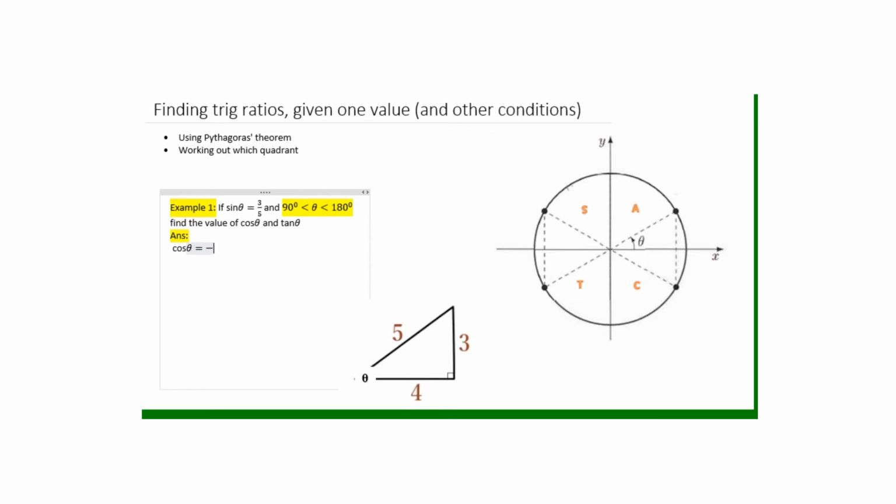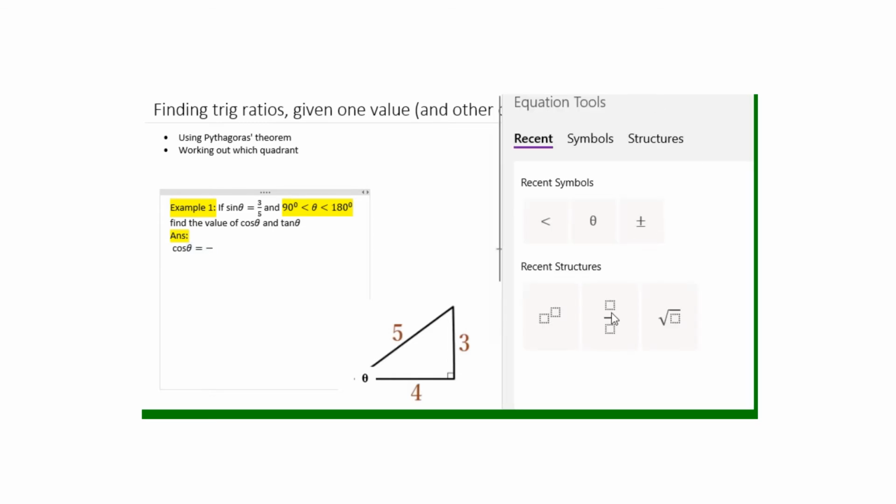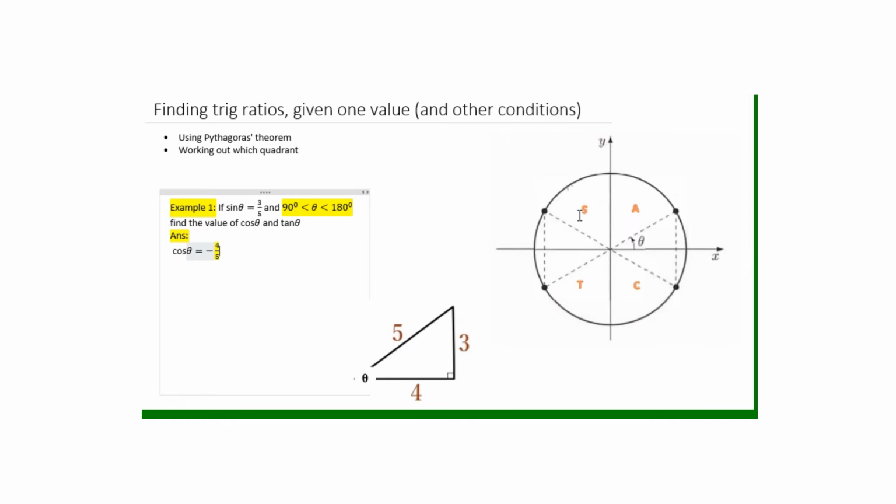Again, because in the second quadrant cos is negative, we got negative 4/5.